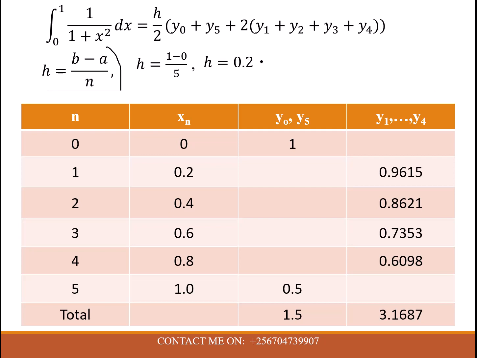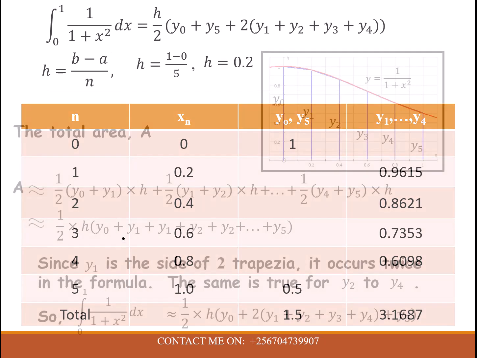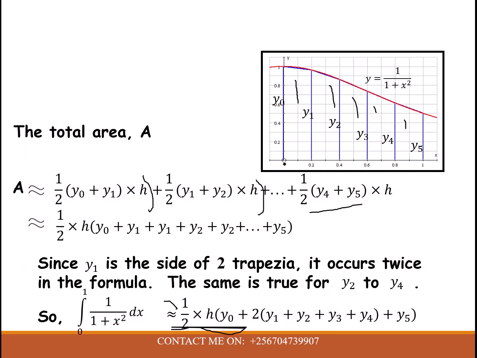So always be careful. Xn will always take up the values of this n. We shall have X0, X1, X2, X3, X4, and X5. When we go back to our curve, this point here will be our X0, this will be our X1, this will be our X2, this will be our X3, X4, X5.